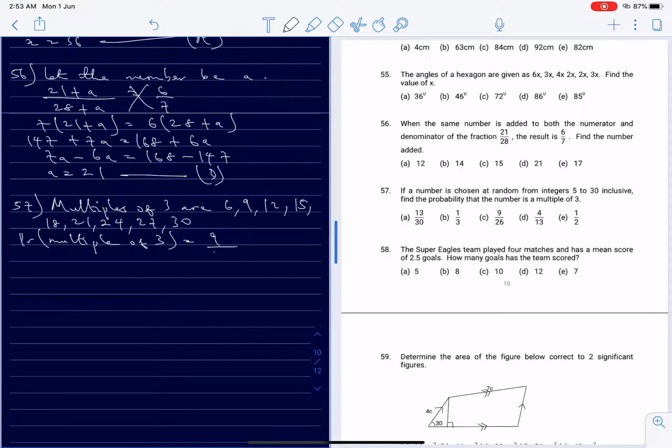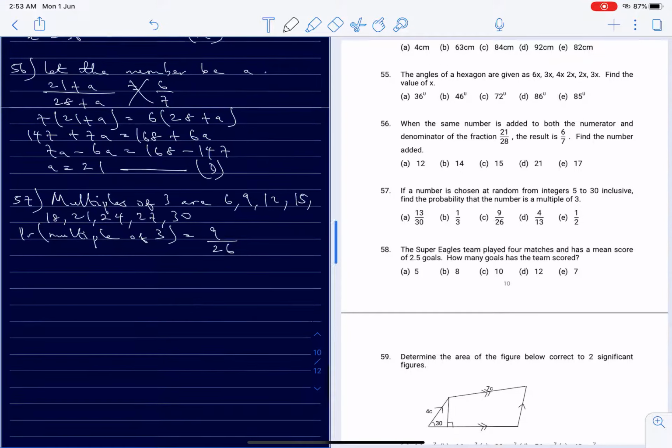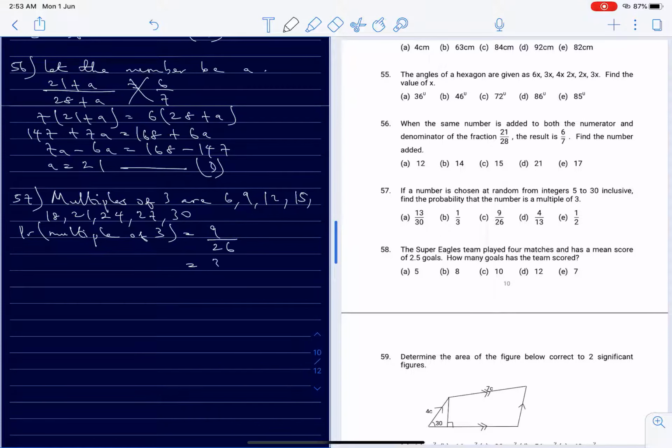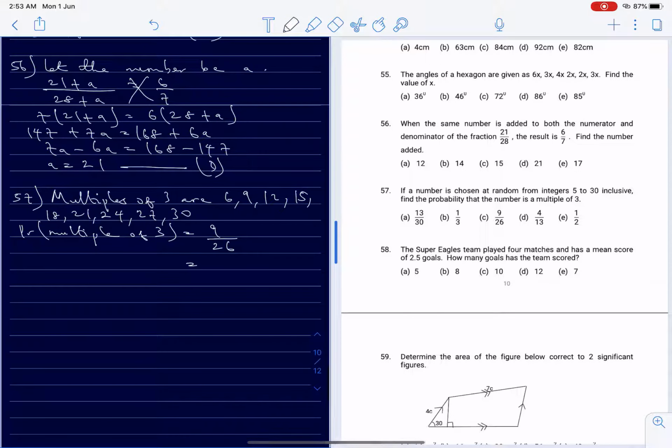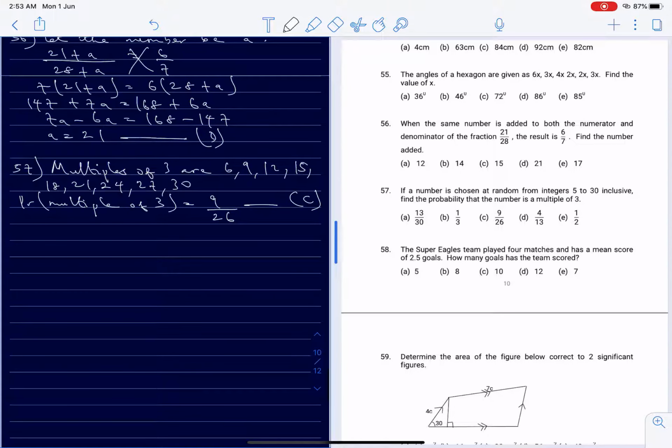That's 9 divided by the total number chosen, which is 26. Oh no, it's just 9 over 26, that's all. And the answer is C, the correct option.